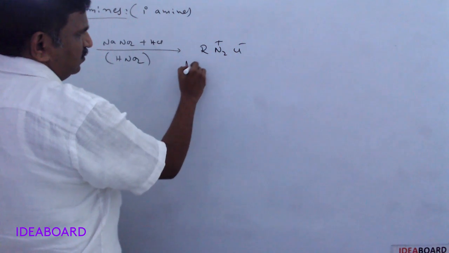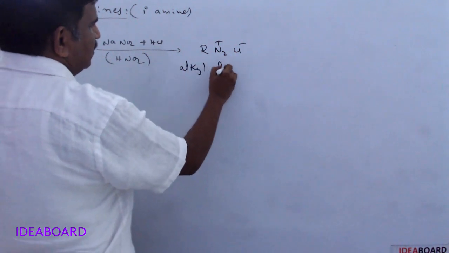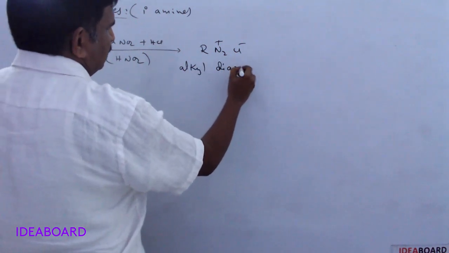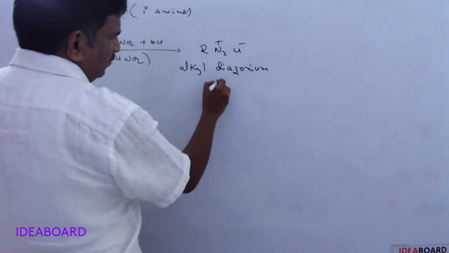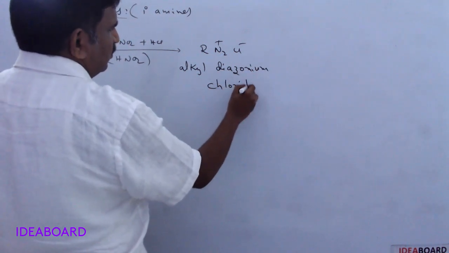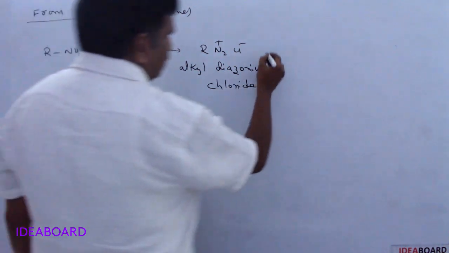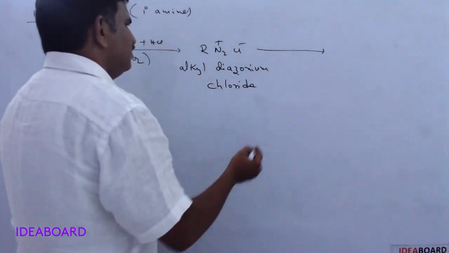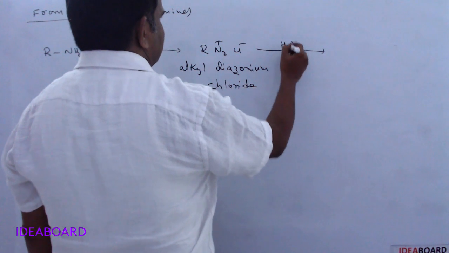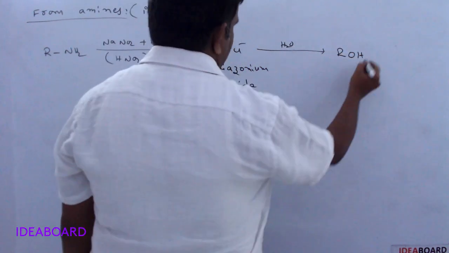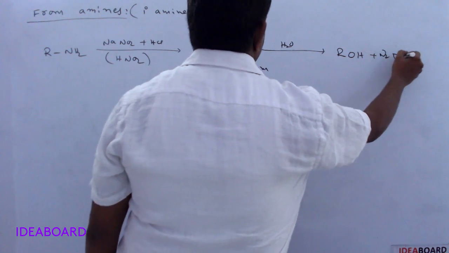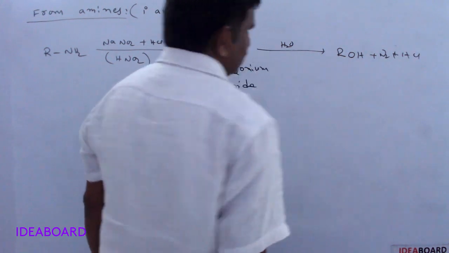This is called alkyl diazonium chloride. Alkyl diazonium chloride formation occurs. This alkyl diazonium chloride on further reaction with water gives alcohol plus N2 and HCl.